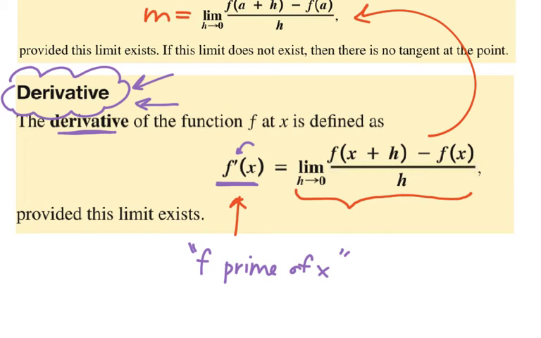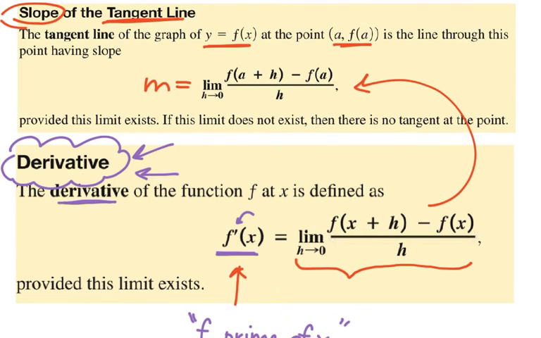And there are other ways that we can write derivative, but the main way we're going to focus on in this class is f prime of x. As we move more into calculating derivatives, I'll show you different notations, but for right now, we are going to use this prime notation. Okay, so we have identified now that the slope of the tangent line is the derivative.